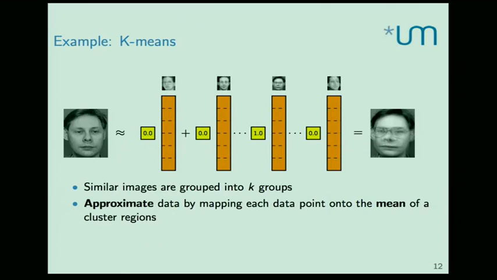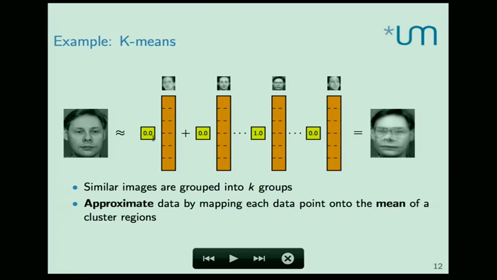Here you can see an example of how that looks for a set of facial images. Let's assume we want to approximate this particular facial image by k-means partitioning, or by a combination of basis vectors. How would that look? We have a couple of basis vectors here which correspond to these k-means cluster centroid vectors.